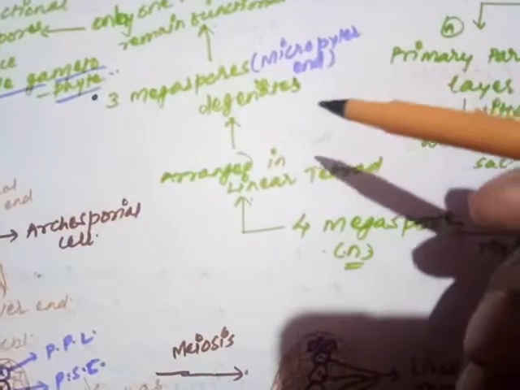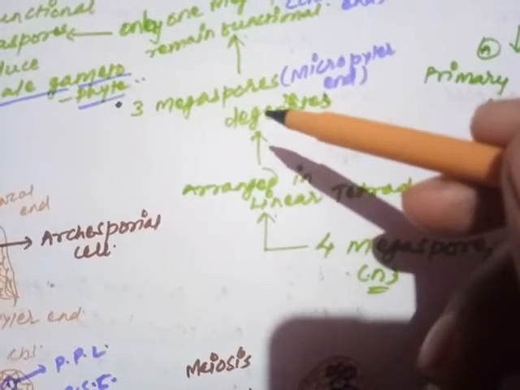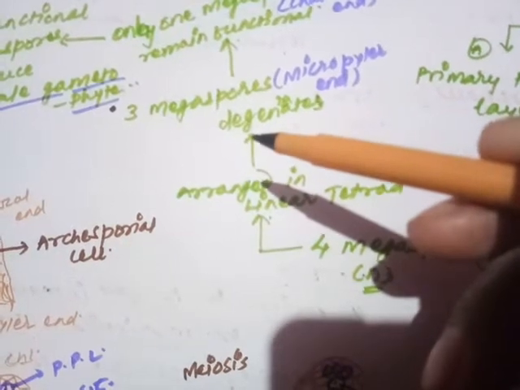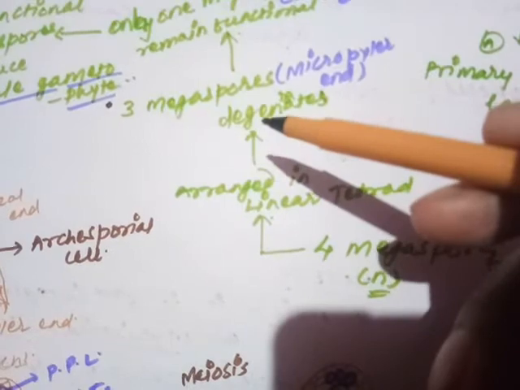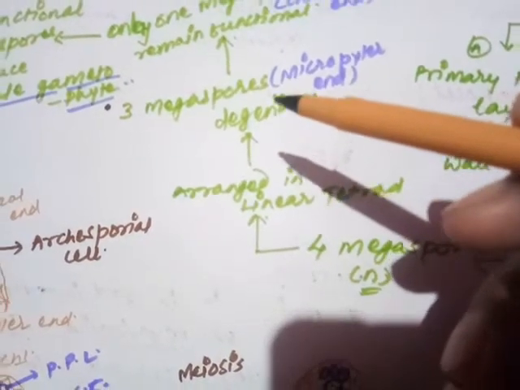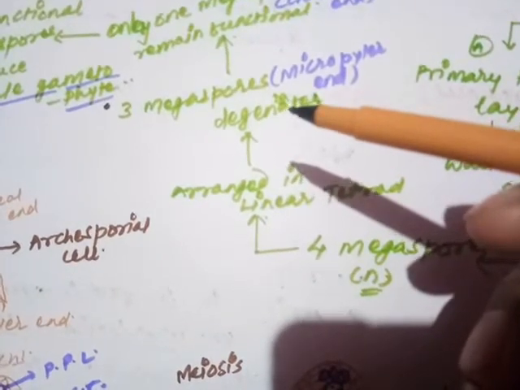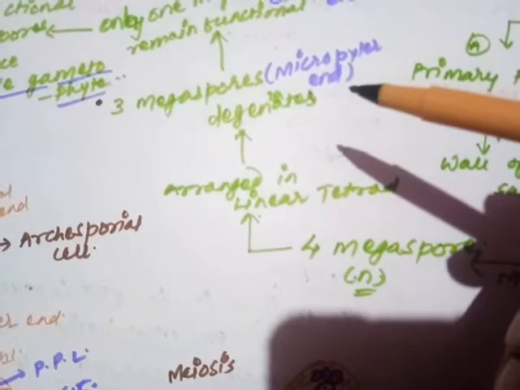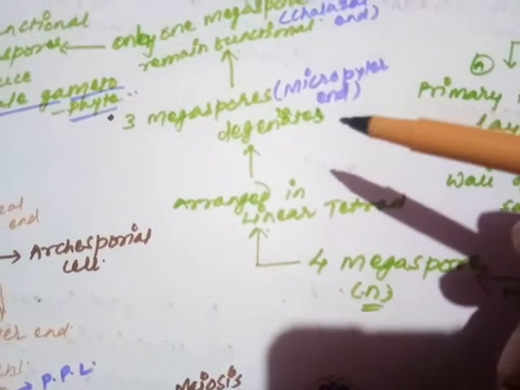After that, a very important point I am going to say: out of these 4 linearly arranged megaspores, 3 degenerate. Remember, out of these 4, 3 degenerate. And which megaspores degenerate? The megaspores which are lying toward the micropylar end.